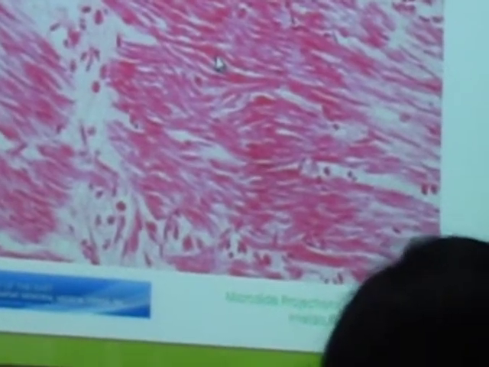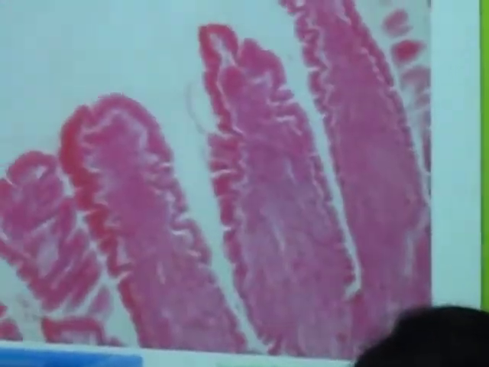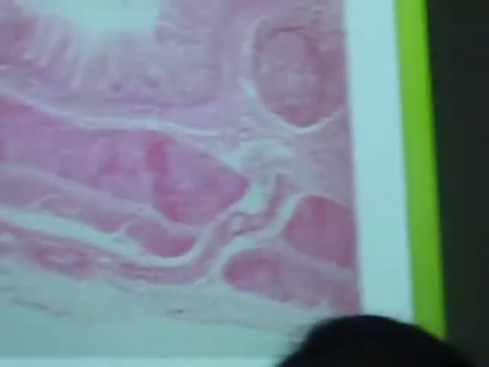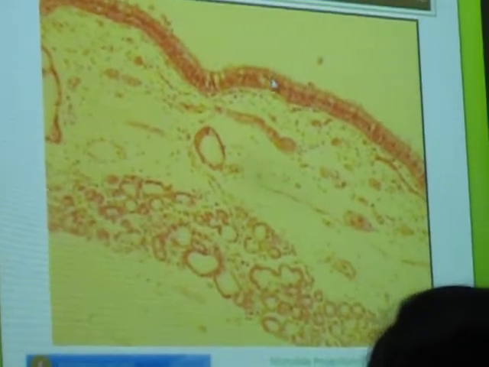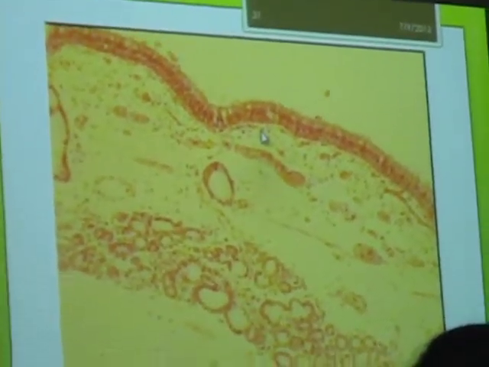There are better pictures later. That high power view came from this area. It's yellowish, but this is a section from the trachea.